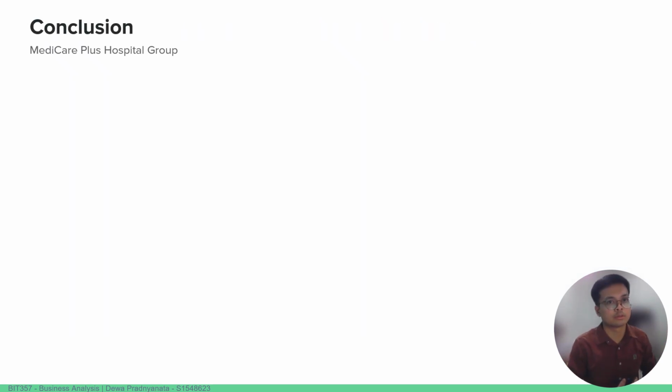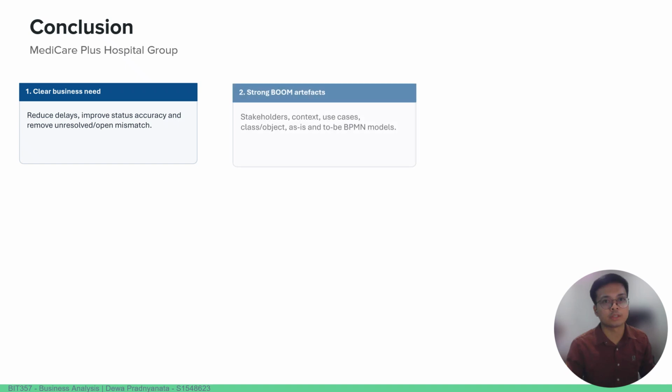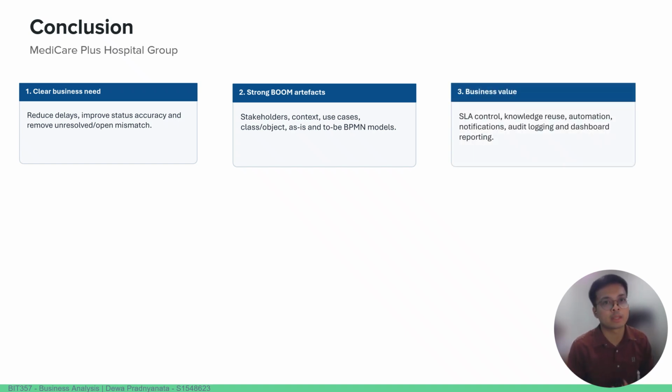To conclude, the main business needs are to reduce help desk delays, improve ticket status accuracy, and prevent resolved tickets from staying open. The BA artifacts developed in Part A and Part B support the requirements by showing the stakeholders, system scope, use cases, and structural model.